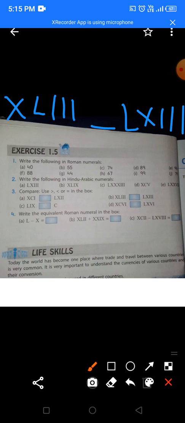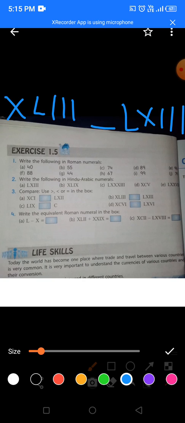This is L, 50, and the X, 10, is towards the left hand side. Yes children, it is towards the left hand side. That means this will be subtracted from this number. So this will give you 40 plus 3. And this box is as it is.